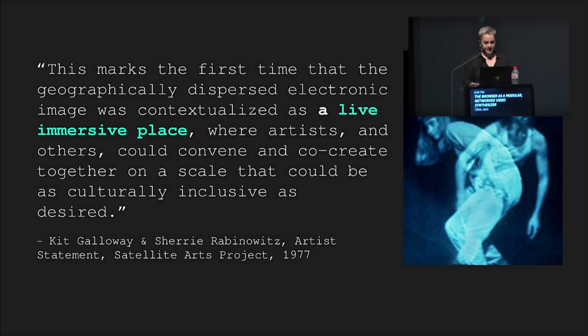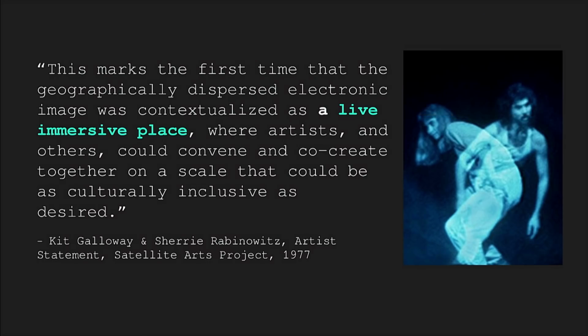And one of the things they talked about with their project is this marks the first time that the geographically dispersed electronic image was contextualized as a live immersive place, where artists and others could convene and co-create together on a scale that could be as culturally inclusive as desired.